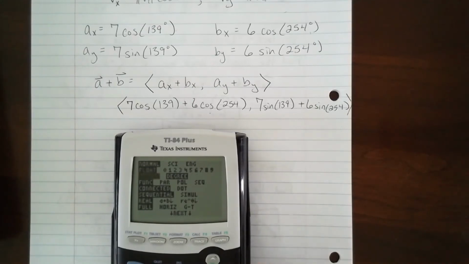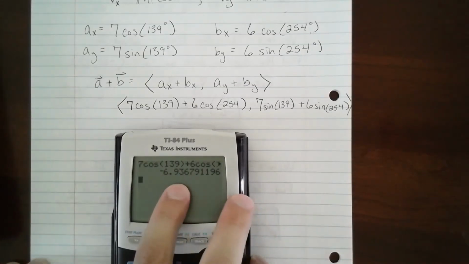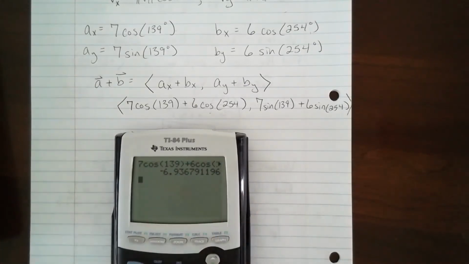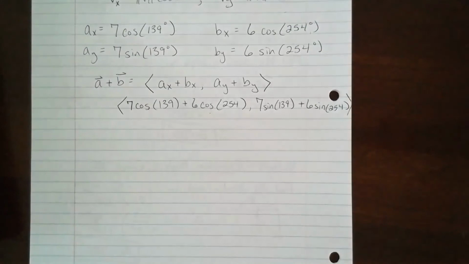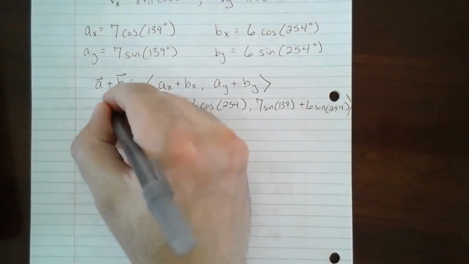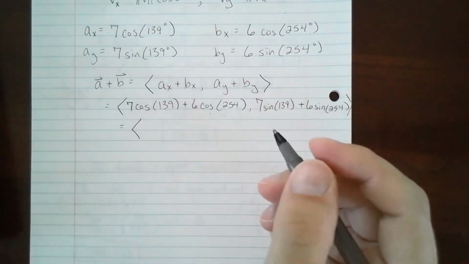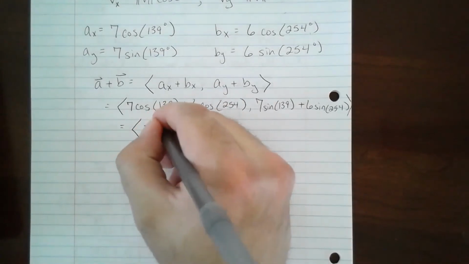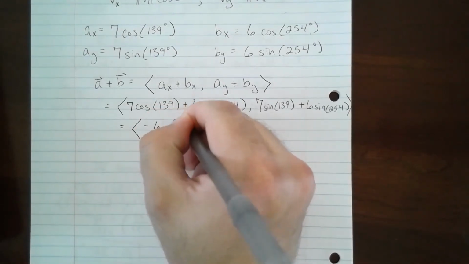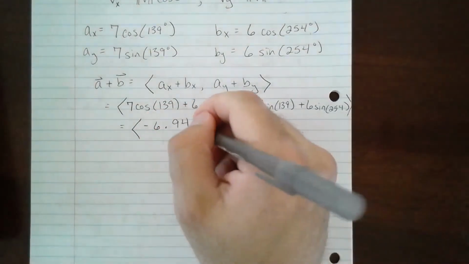And this is true for any calculator you're working with. It needs to be in degree mode, which mine is. So I know this value to be correct. And me personally, I just like 2 decimal places for things like this. There's no indicator here as to how I should round, and I want to make sure there's at least some rounding involved. So that was negative 6.936. So we'll say negative 6.94 to represent our x component.